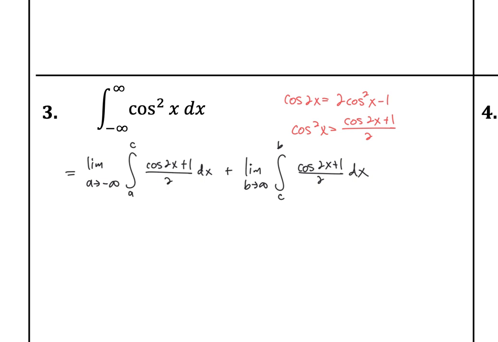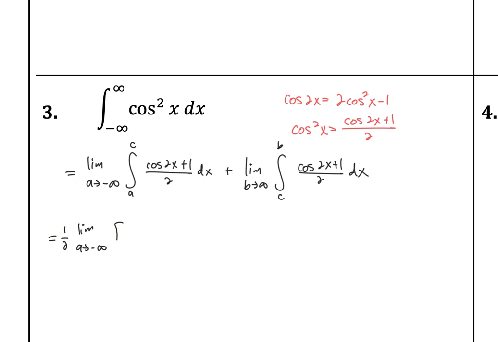Okay, so now we can integrate these. So here, let's do this limit. Okay, so this first term is really like, I'm going to pull out the 1/2. Actually, I'm going to pull the 1/2 out of the whole thing. Doesn't really matter. Pull the 1/2 out of the integral, and then that can come out of the limit.